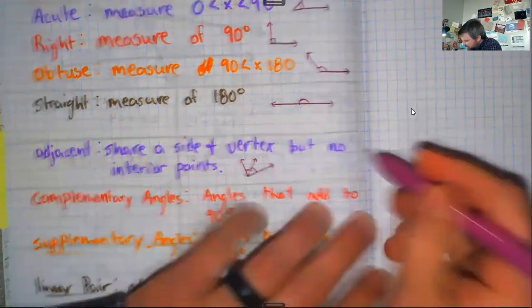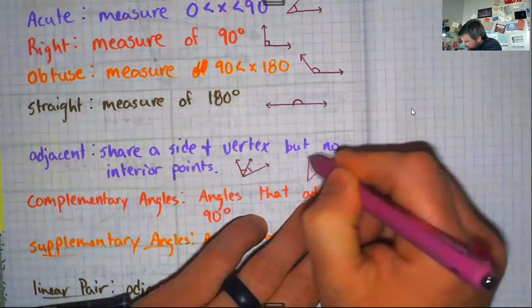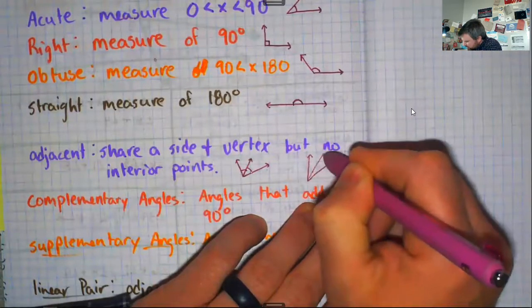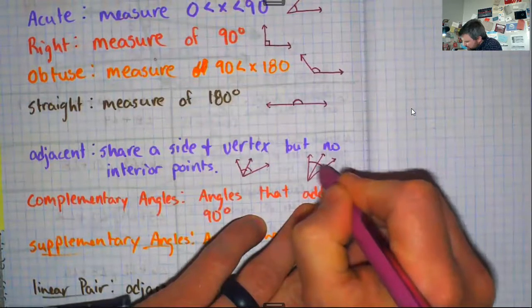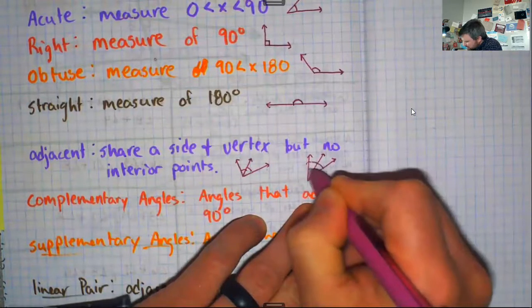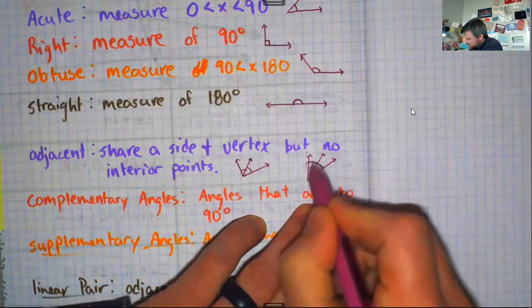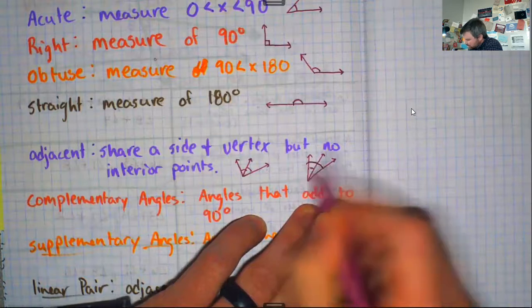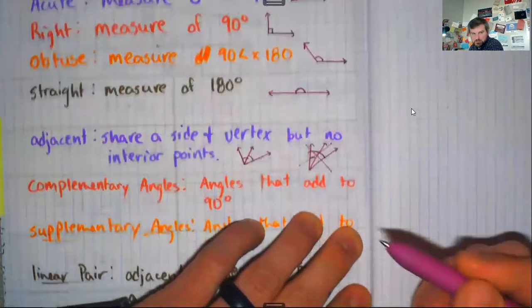Something that might overlap, and I'll use my little arcs, if we talk about this big angle and this little angle, those overlap. They share a vertex, they share this side, but they overlap one another. So that is not an example of adjacent.